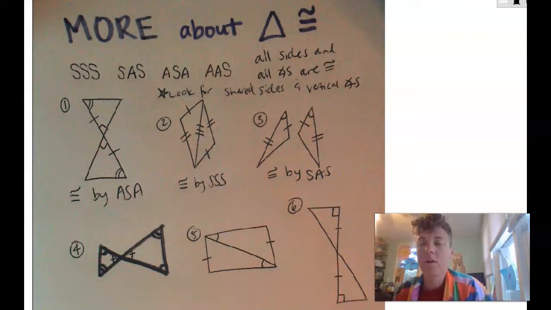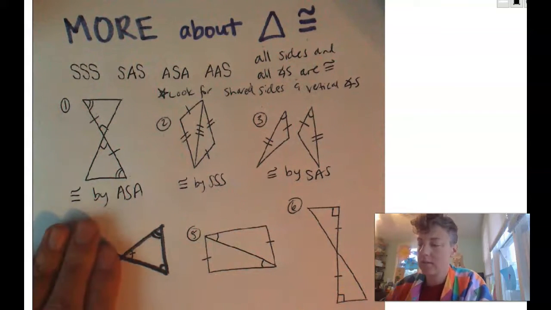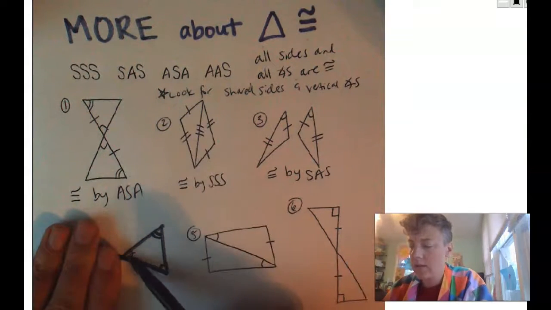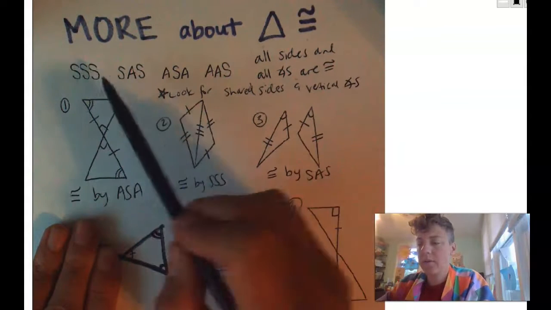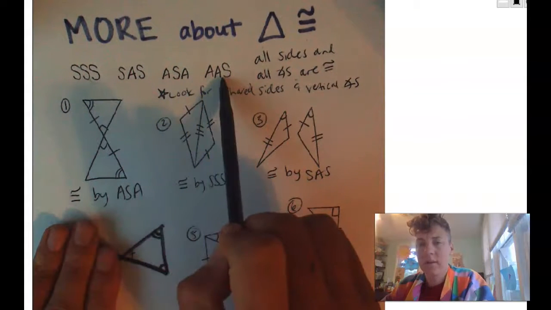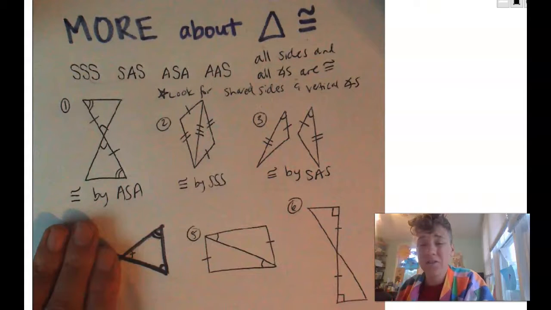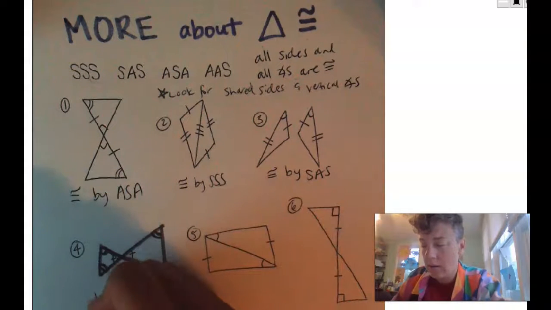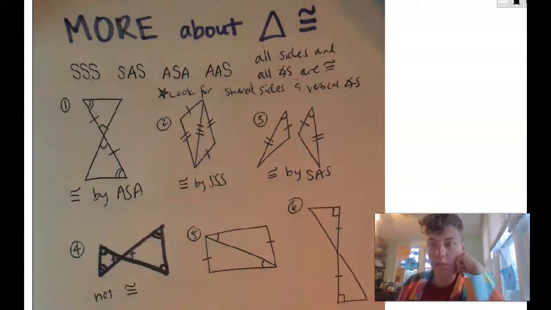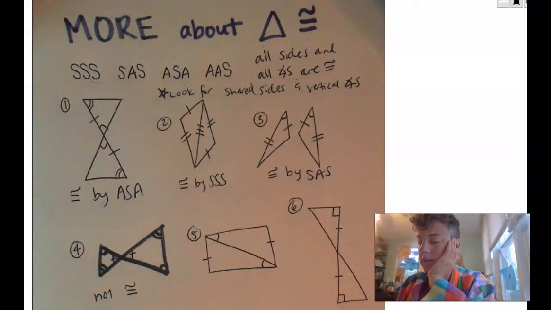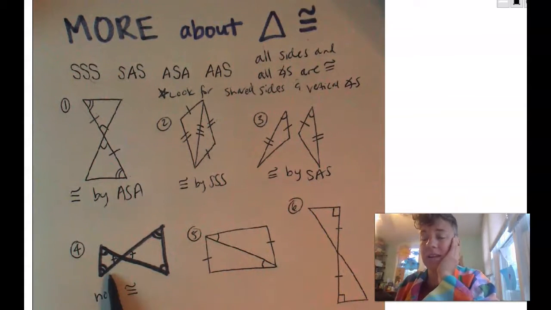And then that's all that we can mark up. They don't have any shared sides. So let's cover up one triangle and see what we got. We've got an angle and an angle and an angle. Well, that's not one of our 4 choices. So these triangles are not congruent. Excuse me. Goodness. These guys are not congruent. Angle, angle, angle does not work.